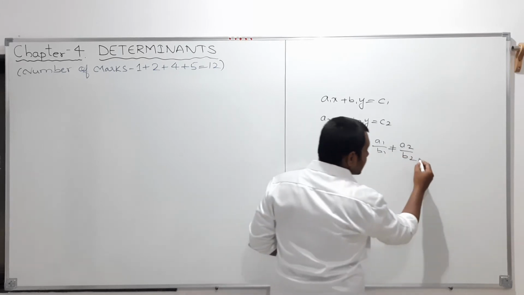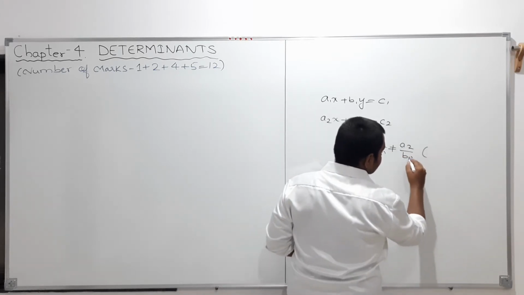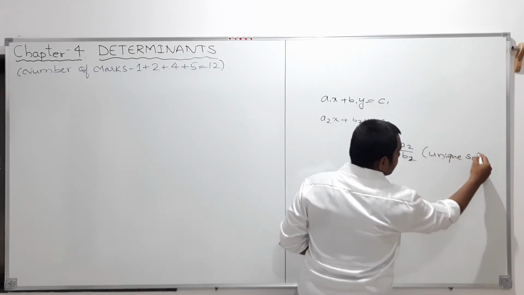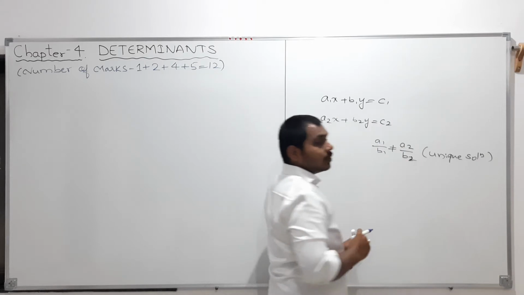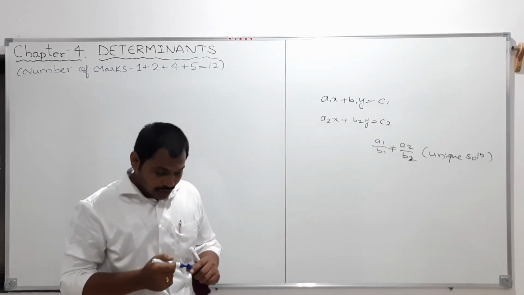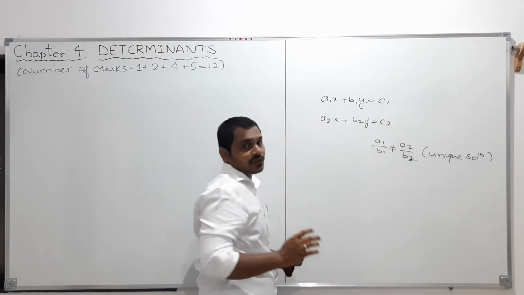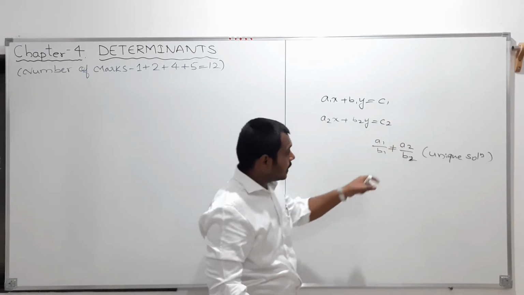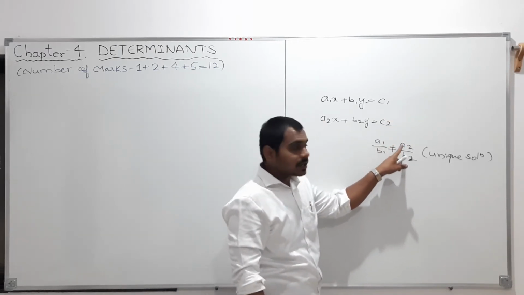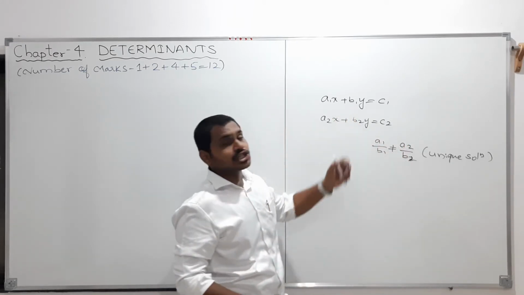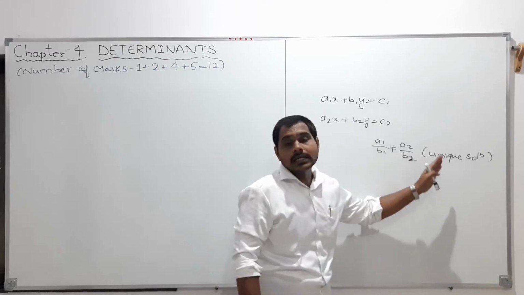you can say a unique solution exists. Clear? Unique solution means only one solution you will get. So if you calculate and a1 by b1 is not equal to a2 by b2, what does it indicate? It indicates that this system of equations has a unique solution.